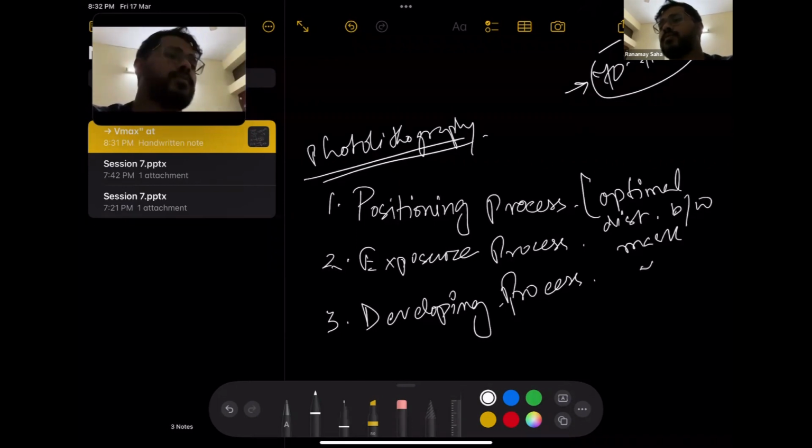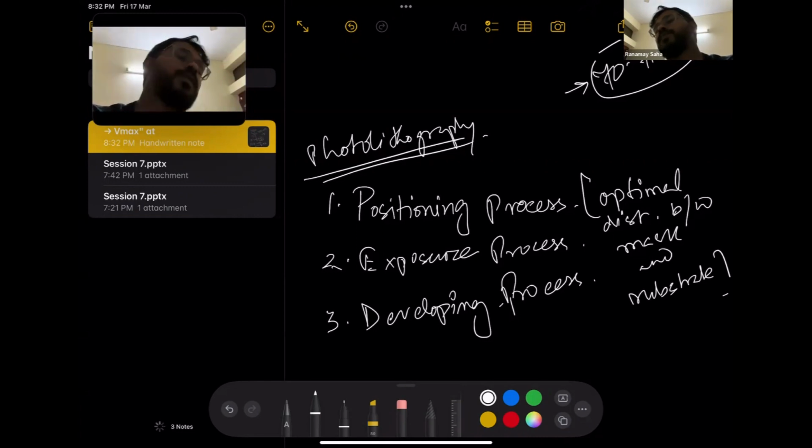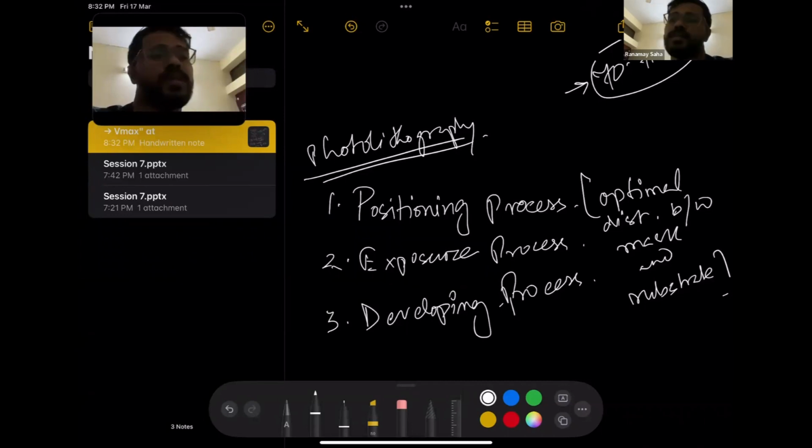Otherwise there can be diffraction of the beam happening, affecting the accuracy and perfection of the microstructures. In the other case, there can be gluing action between your resist layer and your mask. That would mean reduction in repeatability of the process.